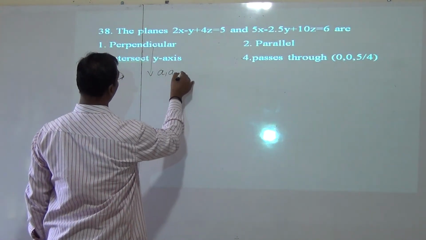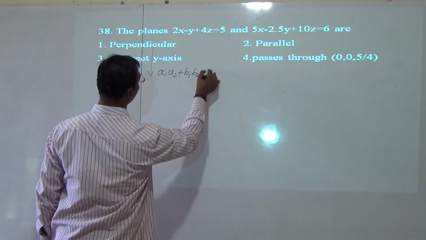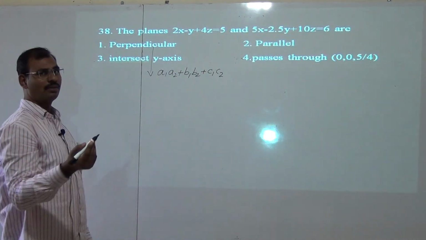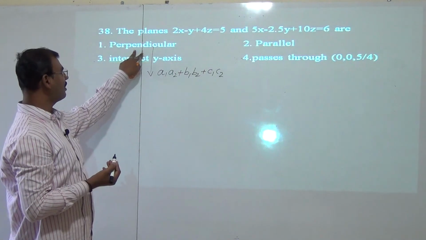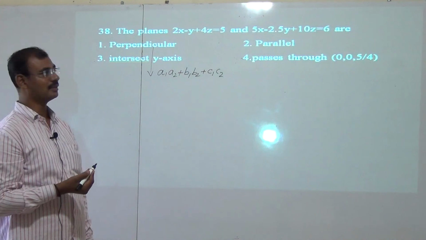That is A1 A2 plus B1 B2 plus C1 C2. If it is equal to 0, we say very clearly they are perpendicular. If this condition is not satisfied, then we have to check the second condition.